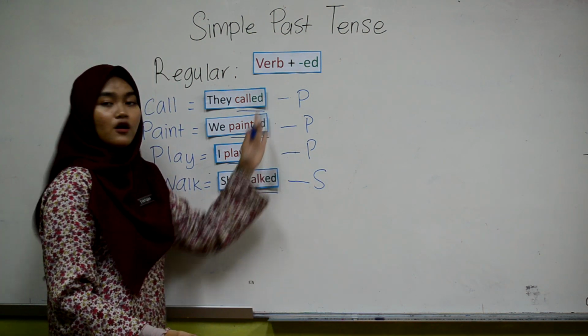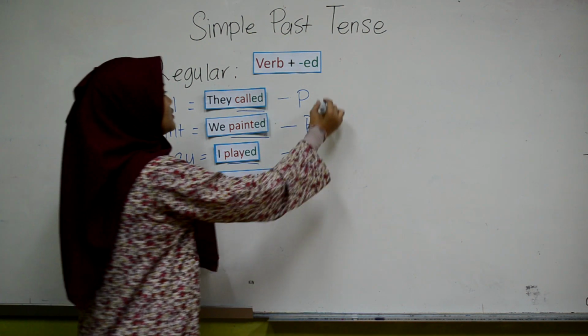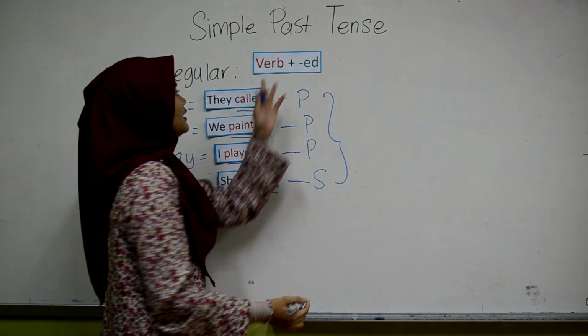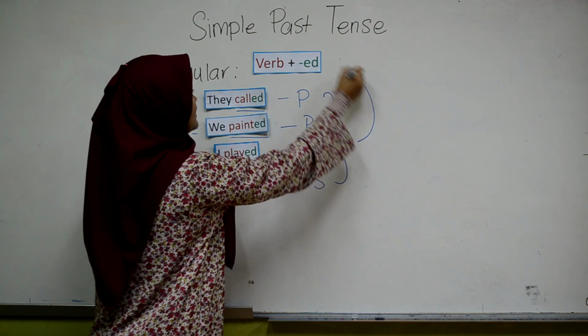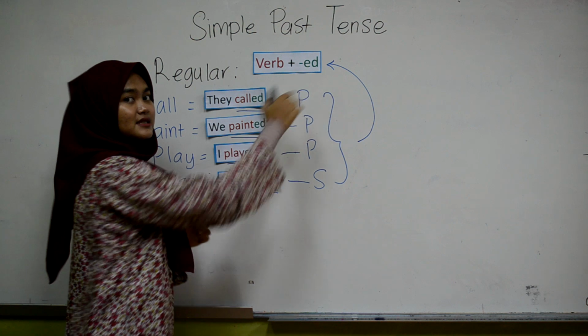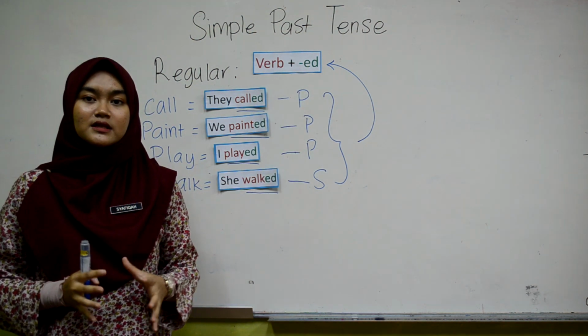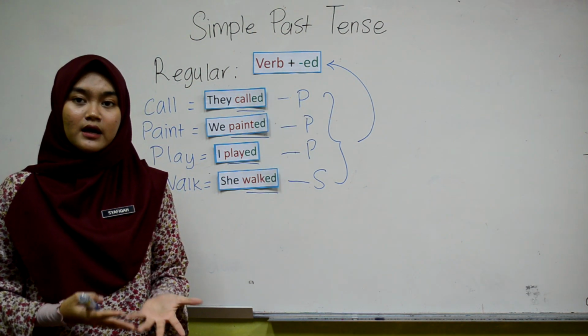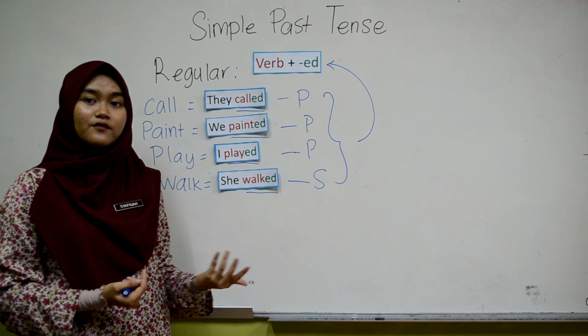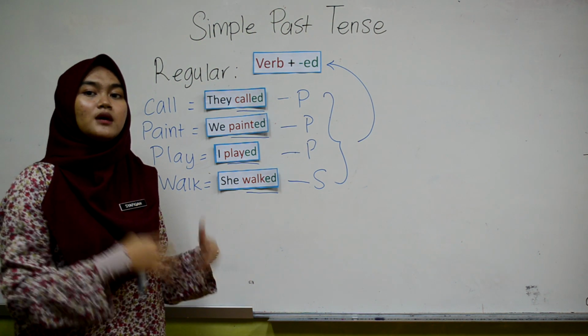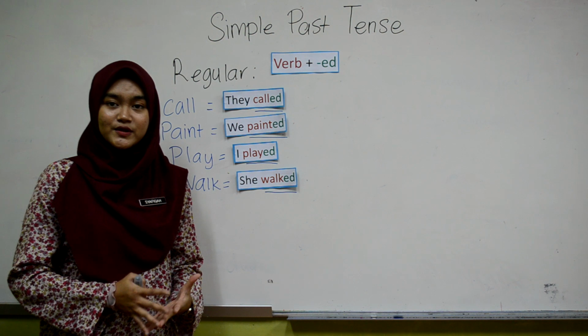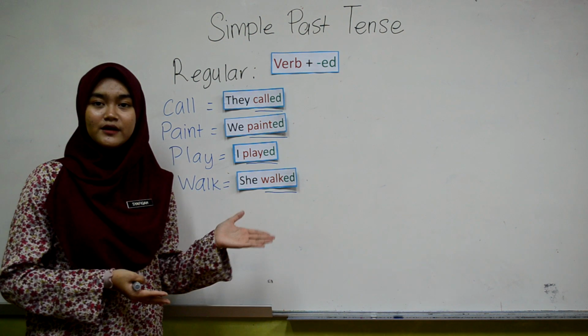Both of these types of noun use the same form of verb plus ed. So there are no differences between singular and plural nouns when it comes to changing the verb into past tense form. Okay students, that is about regular verbs.